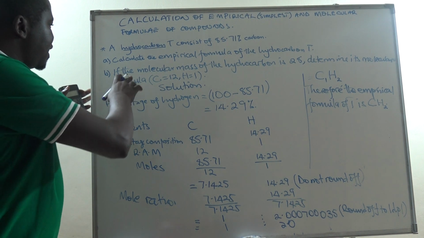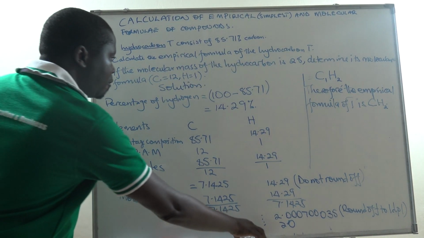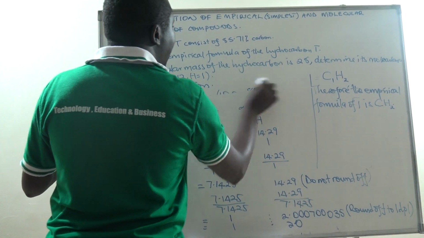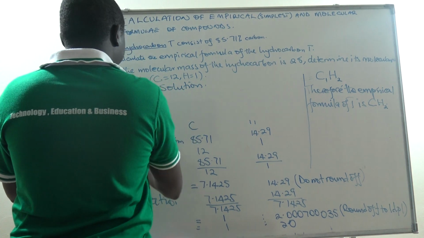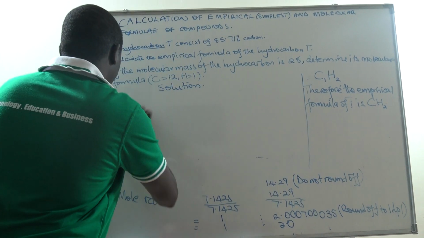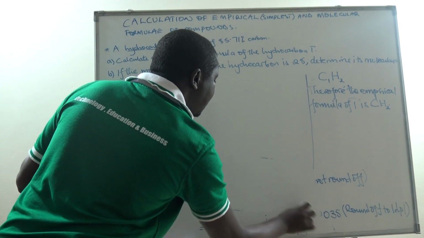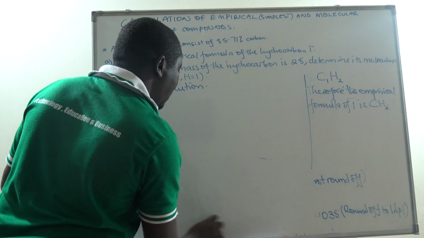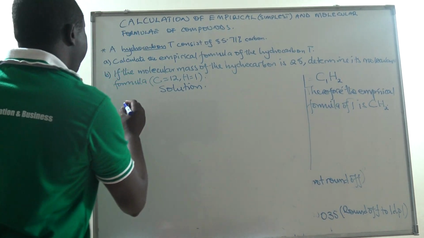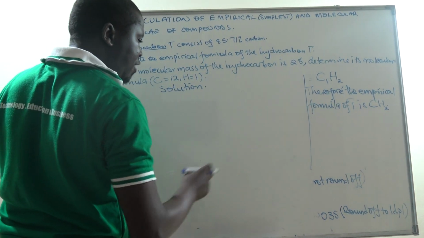We are remaining with getting the molecular mass. So let us wind up very fast in getting the molecular formula. The molecular formula of this compound here, as we have already seen, we are supposed to multiply the empirical formula by the simplest factor n, which we don't know.